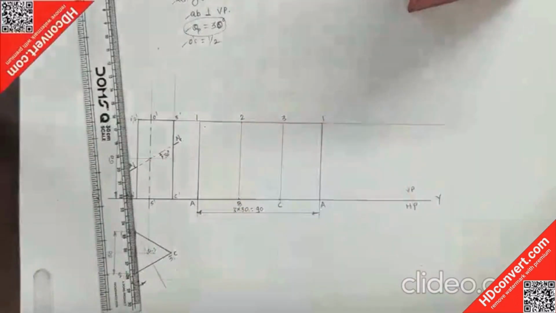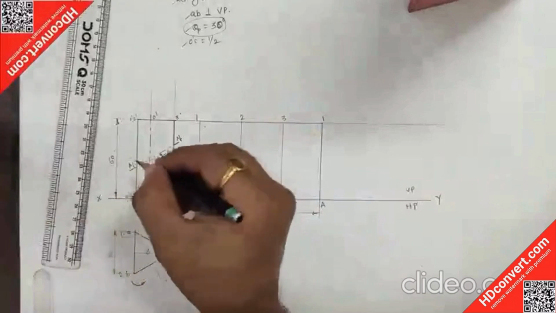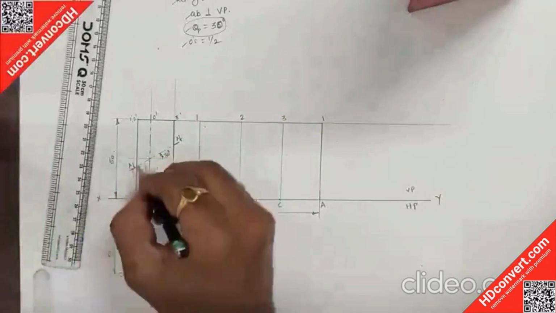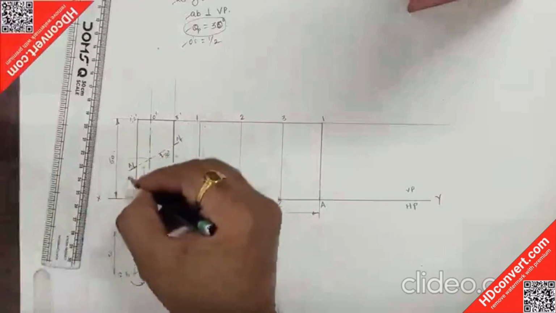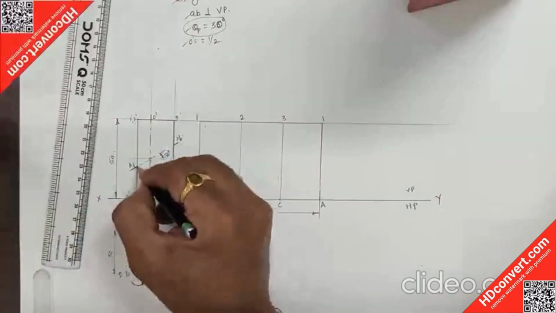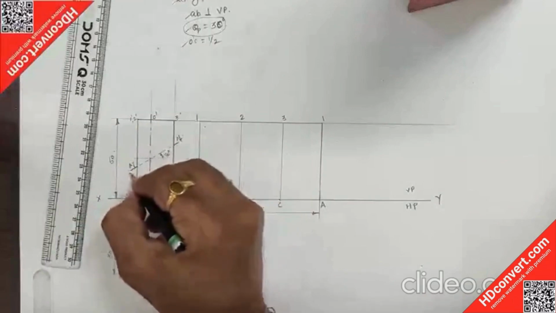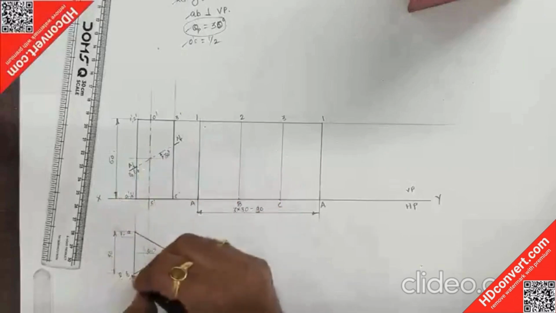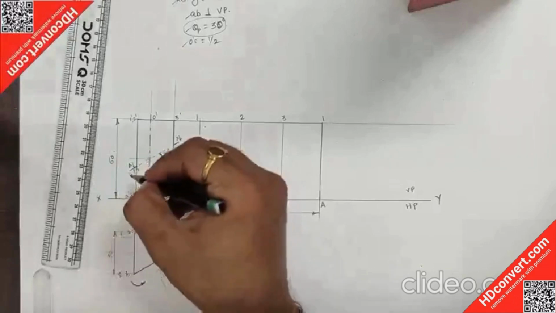Now, wherever the cutting plane has cut the actual object, that point we are going to mark first. So here, the longer edges 1A and 2B are cut by this cutting plane. Suppose I name them PA and PB. At the front side there is the 2B longer edge and at the back side there is the 1A longer edge.